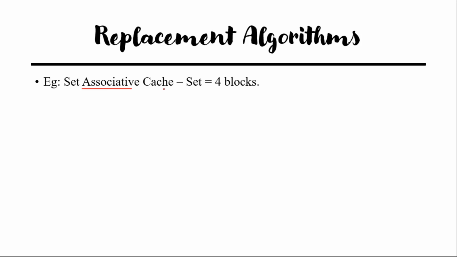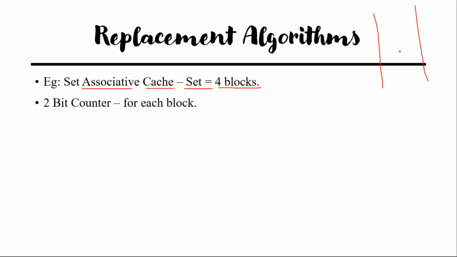Let us assume that the cache is divided into several sets, and each set contains 4 blocks. So when you refer to a set, there are 4 blocks.